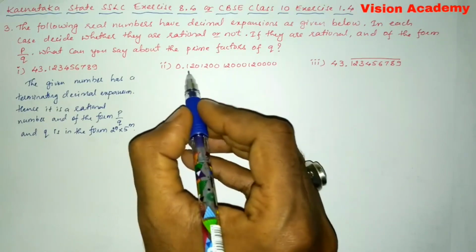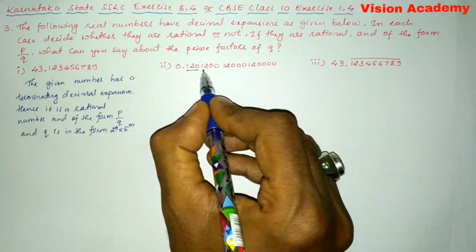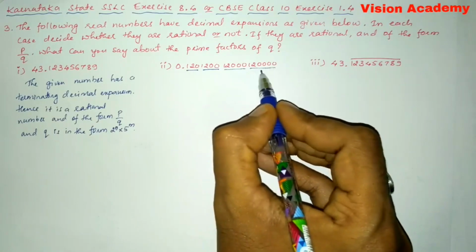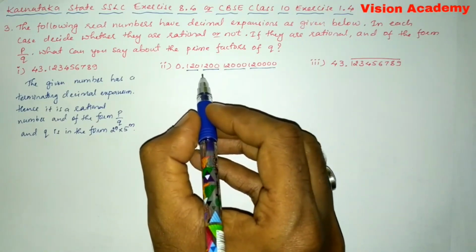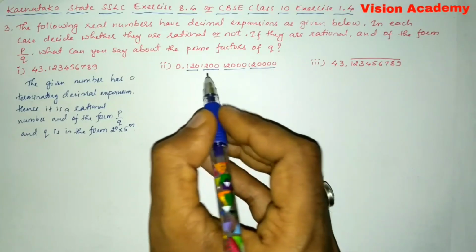0.120... Here you can easily identify the patterns. 120, that is 1200, 12,000, 1,20,000, and so on. Here it is non-terminating and non-repeating. The same number is not getting repeated.